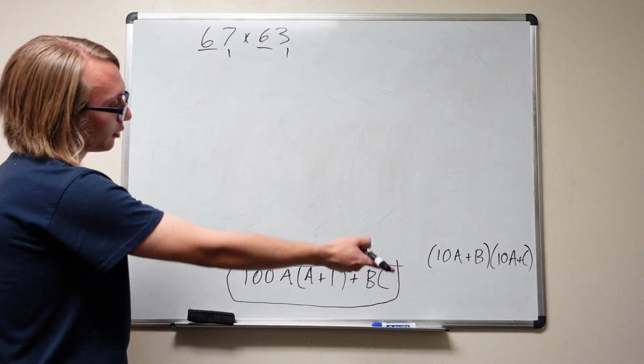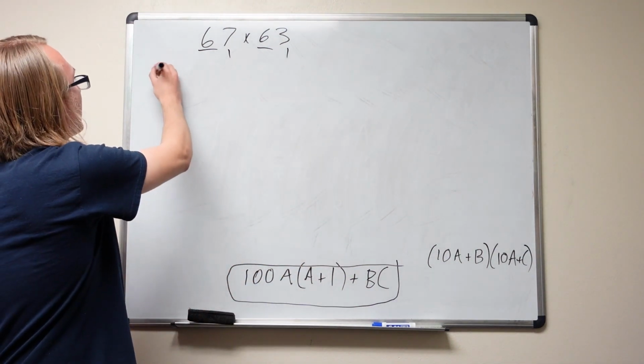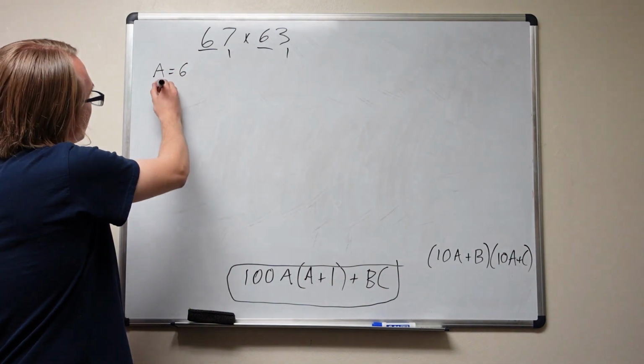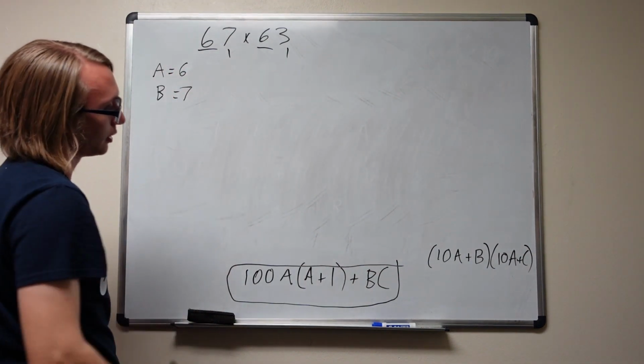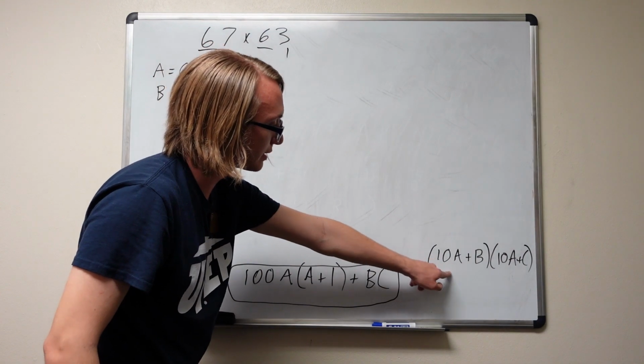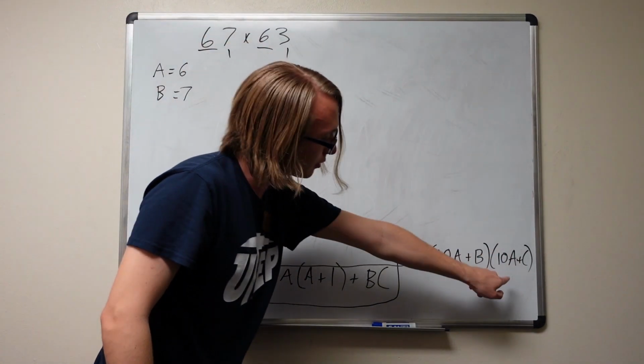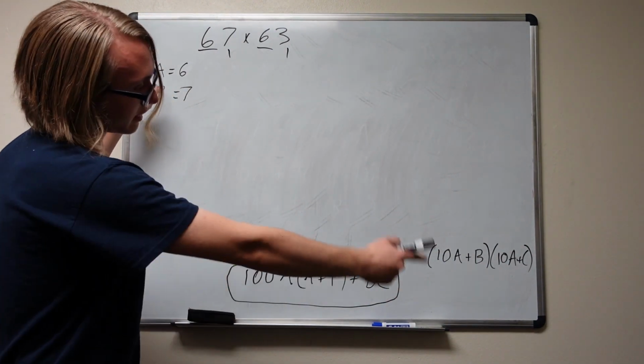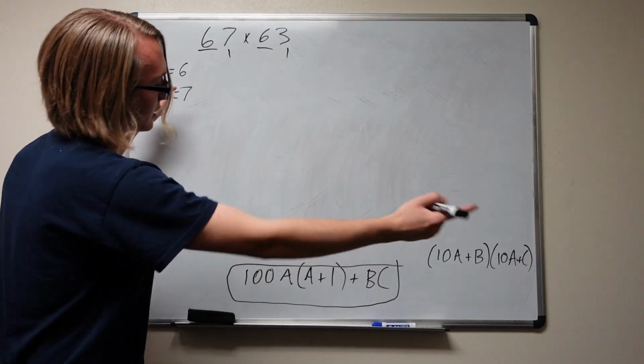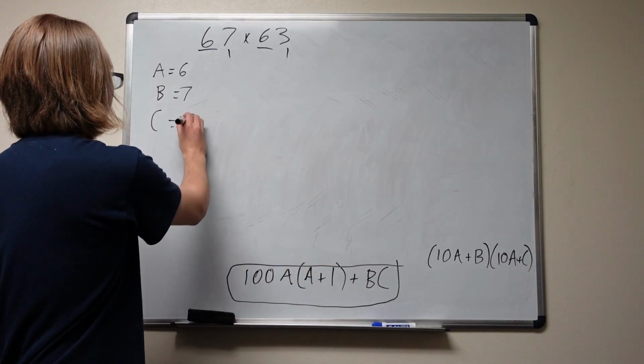If we were going by the formula directly, A equals 6, B equals 7, because 60 plus 7 is 67, times 6 times 10, which is 60, plus 3, so C equals 3.